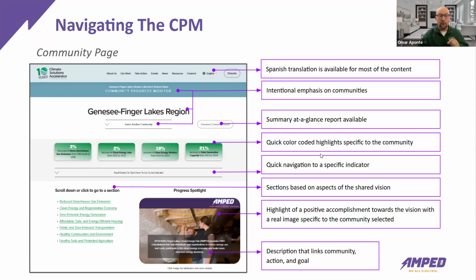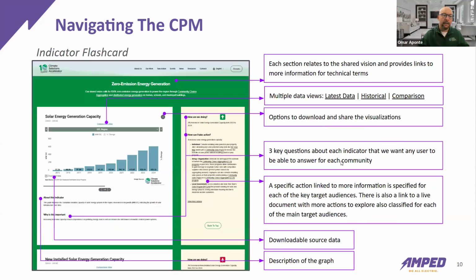When you start scrolling down from the community page, you're gonna start running into the indicator flashcards. And this is how they are organized. Basically, you start with a section, based on those main aspects that we talked about, the shared vision. Then to the left, you have the visualization, and to the right, you have some text.